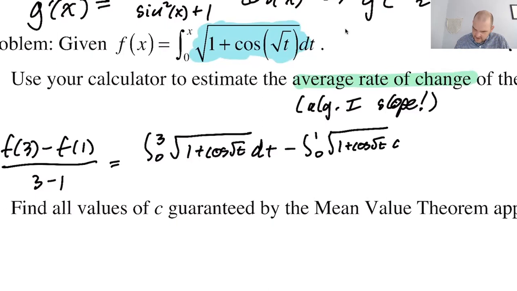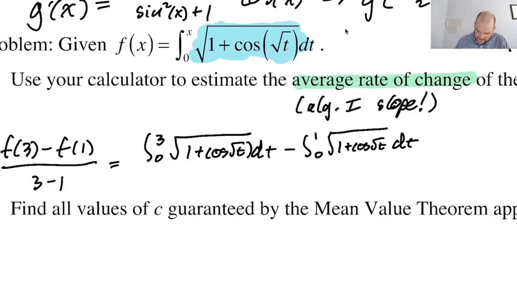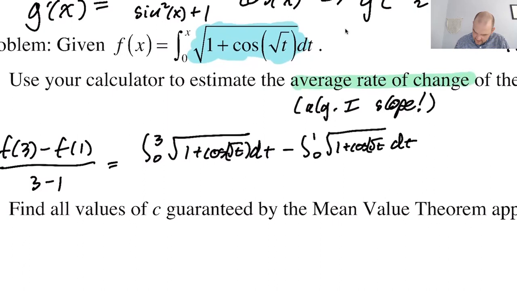Oh, I see. There was something wrong with this in my brain. I forgot to put parentheses around the square root of t. Then I just copied it, and as I was copying it, I was like, that doesn't feel right.